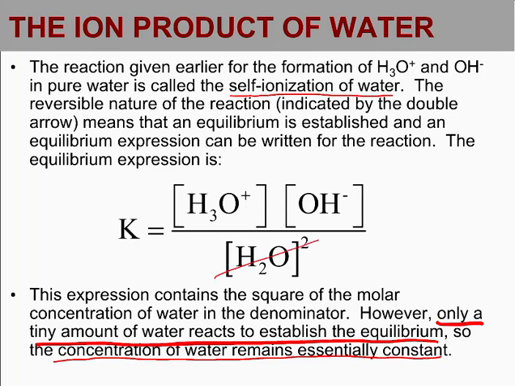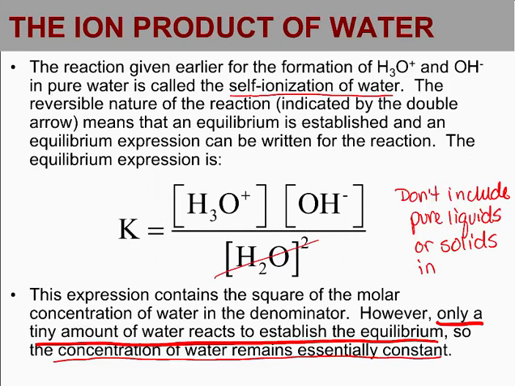So we typically don't include pure solids or pure liquids in our equilibrium expression because their concentrations don't change very much during a reaction. So don't include pure liquids or solids in K. All right.